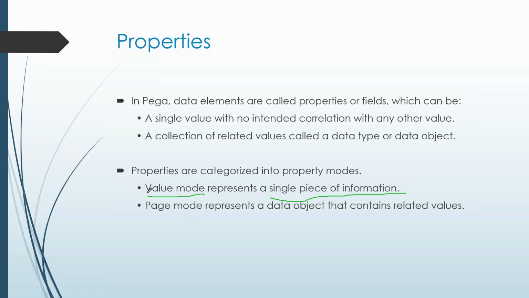If they are single entities, they are part of value mode. Whereas page mode properties are related to your data objects, so it consists of a bundle of data. So two categories are available: page mode and value mode.